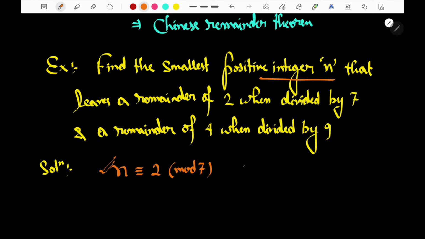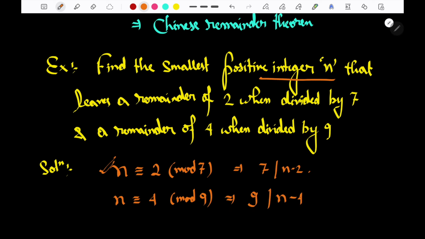It means simply 7 divides n minus 2. Done. Now again n is congruent to 4 modulo 9. What does this statement mean? Simple. It means 9 divides n minus 4. These two things are given, that it leaves remainder 2 when divided by 7 and remainder 4 when divided by 9.